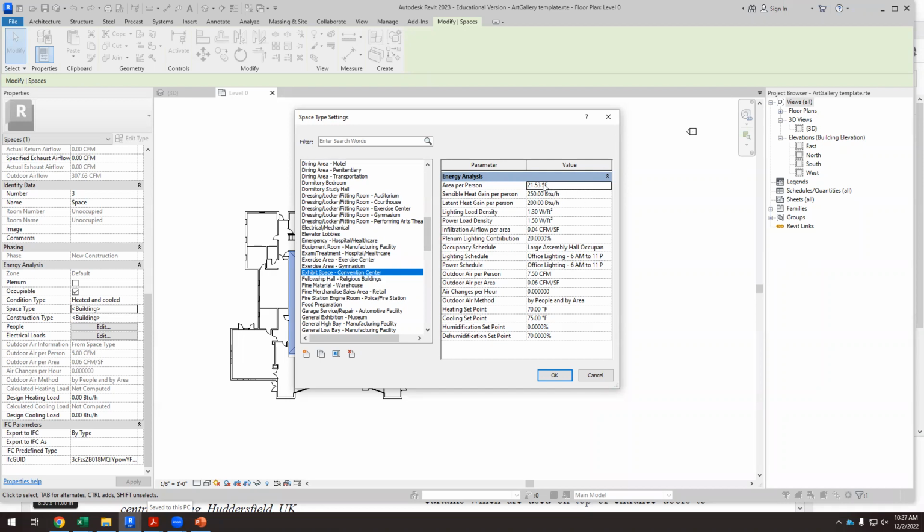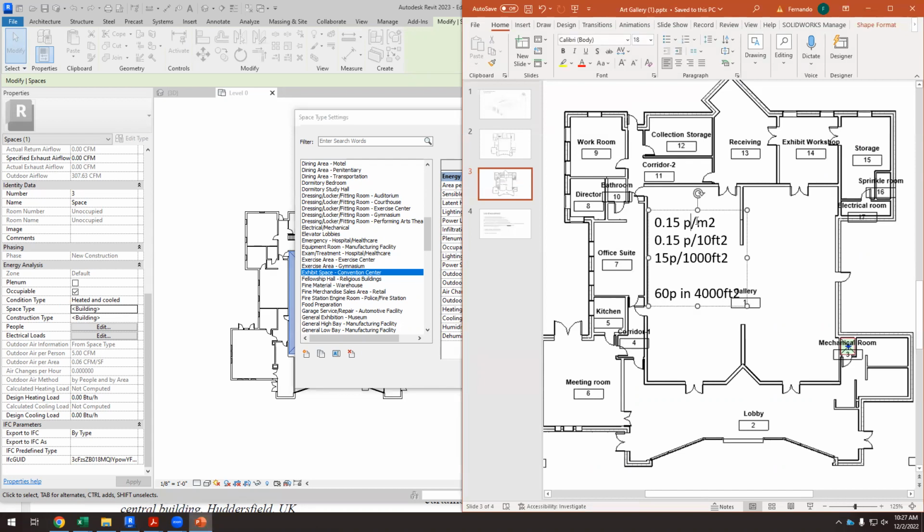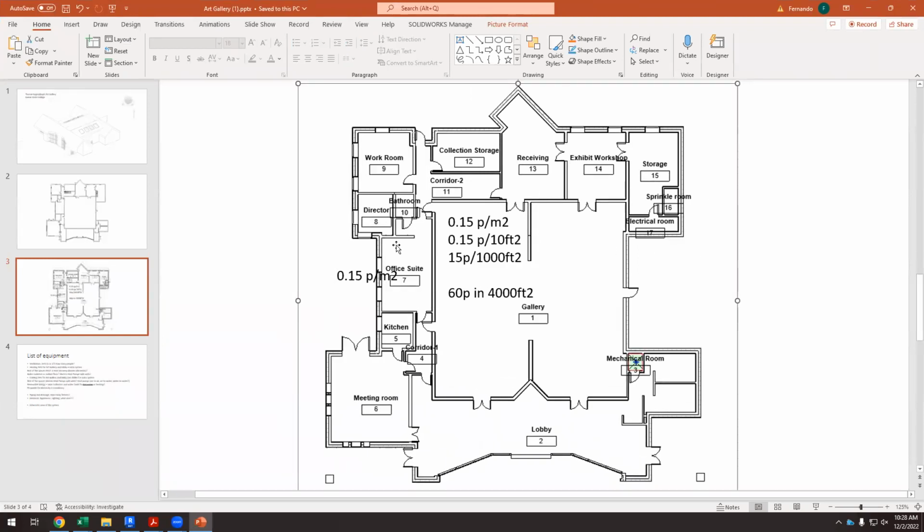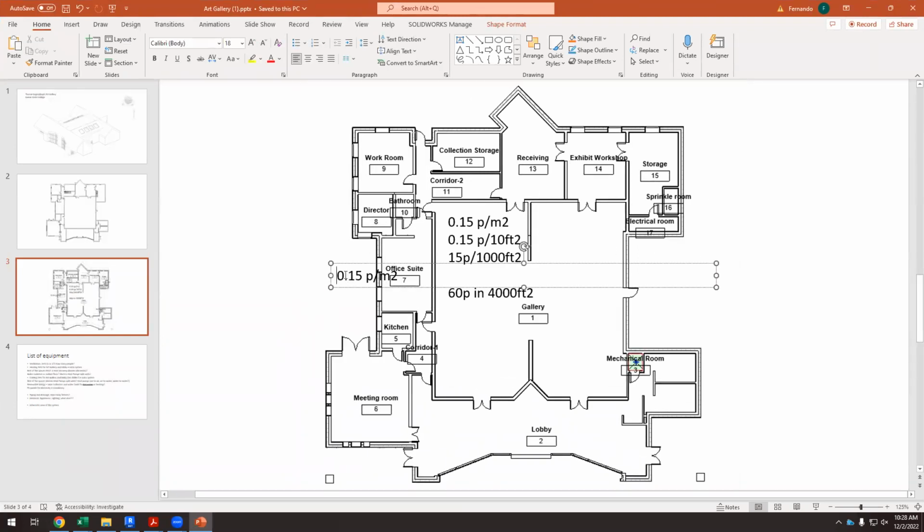They suggest 21 square feet per person. So that's different data. We had this in terms of people per square meter, but now we have a different option, which is 21 square feet per person.